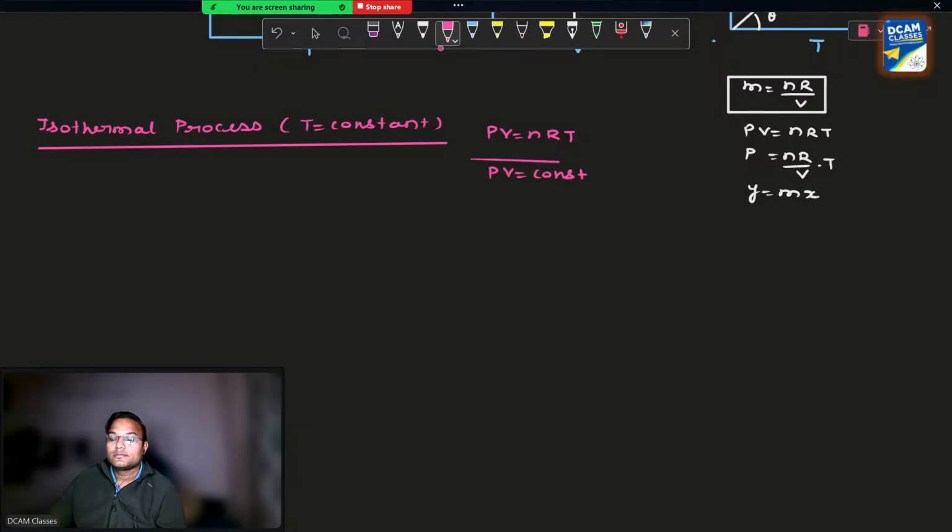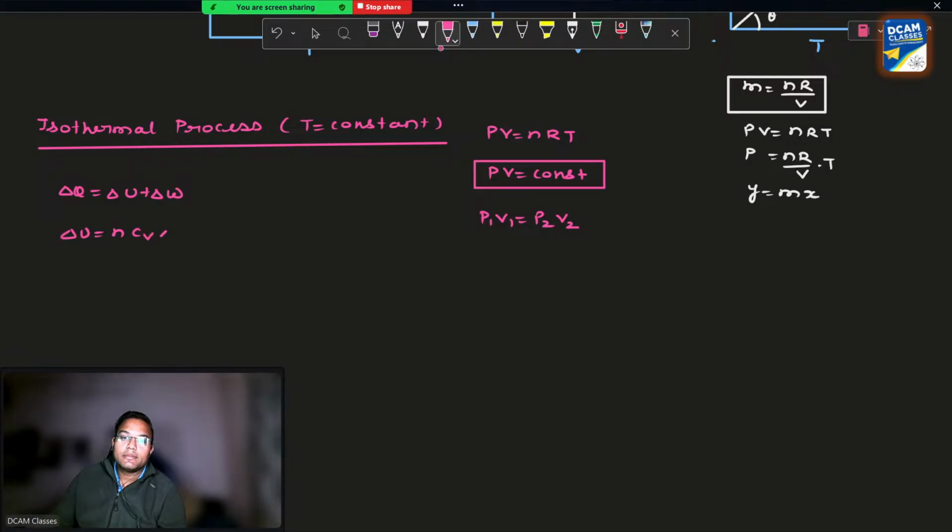That means P1 V1 is equal to P2 V2. You can do first thing. Then now tell me, in delta Q is equal to delta U plus delta W, delta U will be nCv delta T, because that we know it remains same for all process.